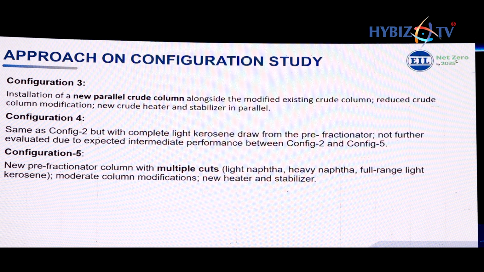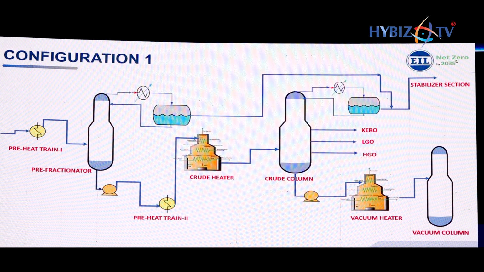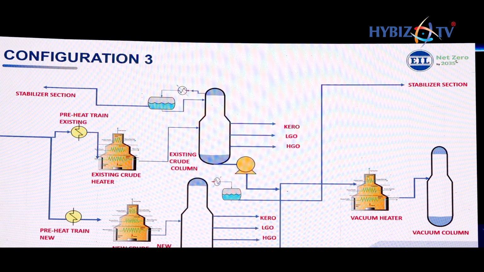We will deal with 3 configurations, which are extreme cases. The first configuration is the traditional one, with an upstream pre-fractionator, utilizing the existing preheat circuit and with the possible lift of naphtha. Then I will come to this later.